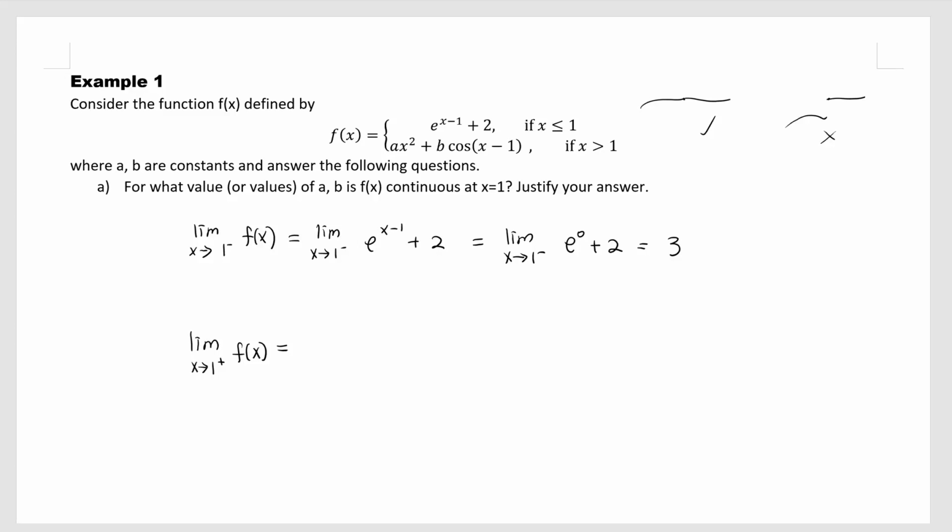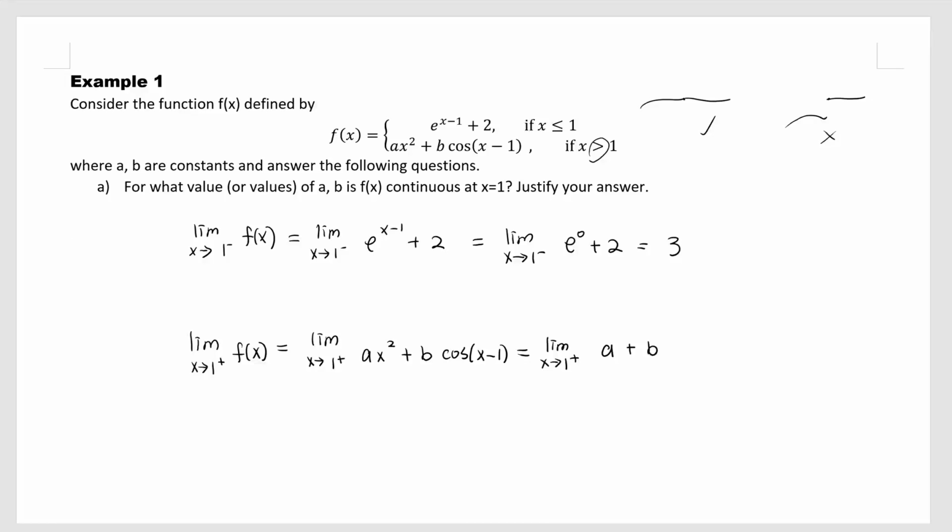Okay, and on the other side, we have the bottom formula because it's x greater than 1 on the right-hand side. Okay, so ax squared plus b cosine of x minus 1. So we plug in 1. 1 squared is 1, so a plus b, cosine of 1 minus 1 is 0, cosine 0 is 1. So the answer is a plus b.